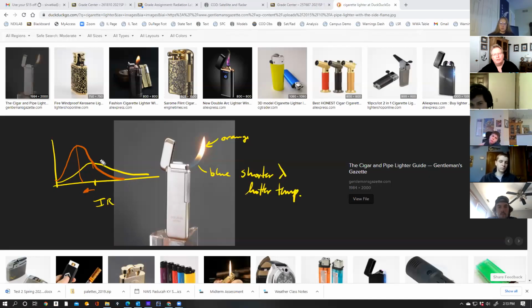So that's why it's called Wien's displacement law. The curve gets displaced to the left for shorter wavelengths. Now, what if lambda max was at 0.8 micrometers?